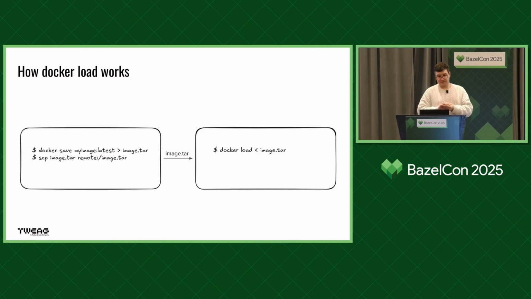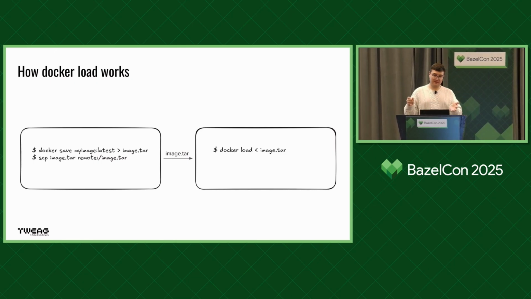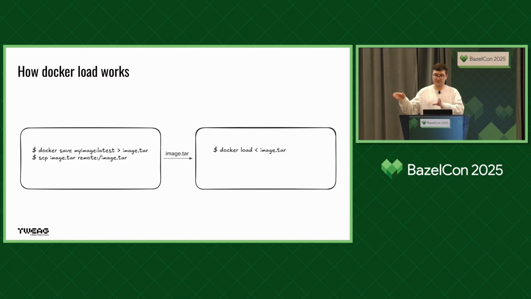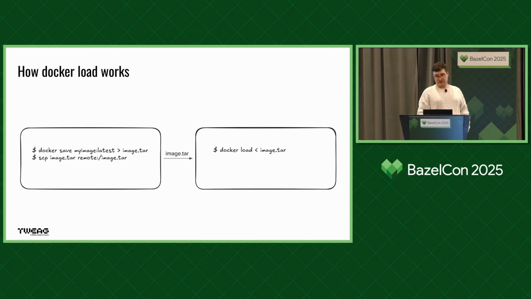And as you see here, this just uses standard input and standard output in Unix. And what you will also see is this is very inefficient. This tar file contains all of the layers of the image, and it doesn't care about what the other side might already know about the image.